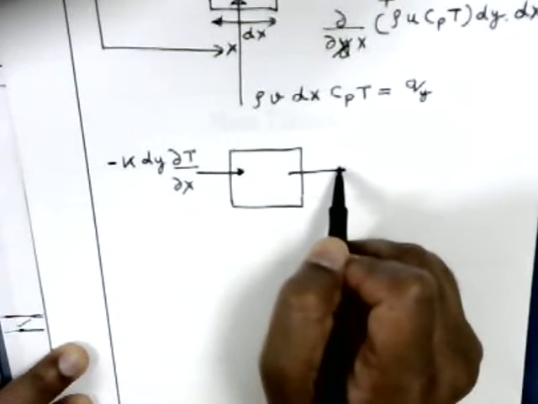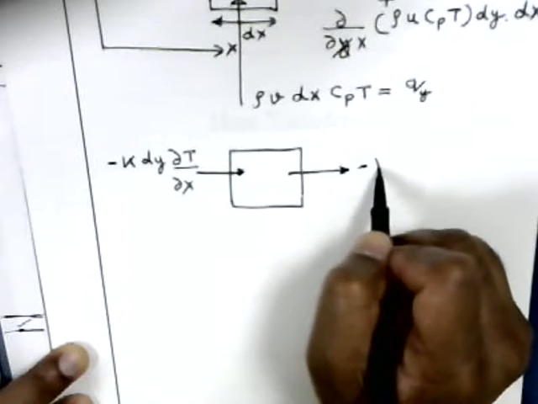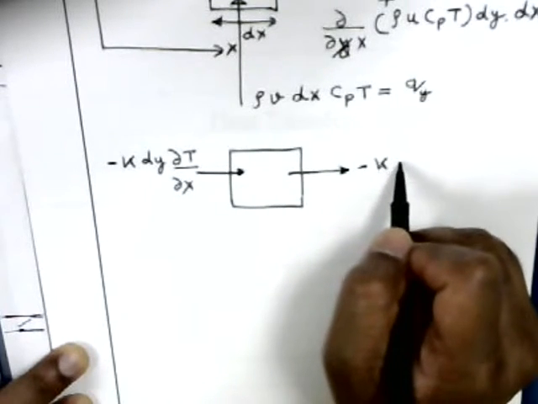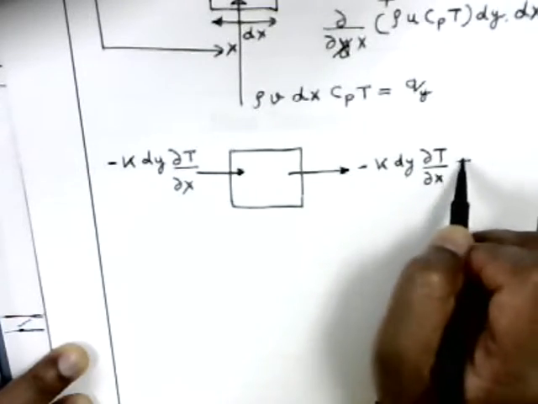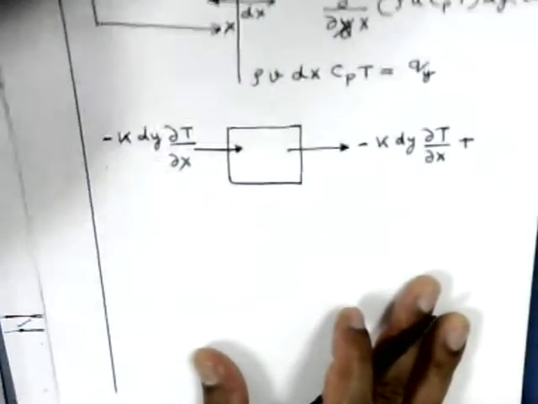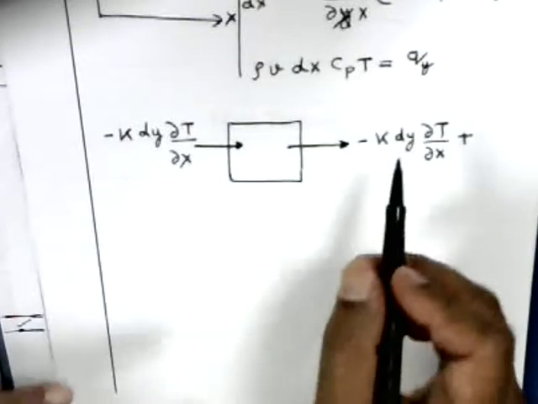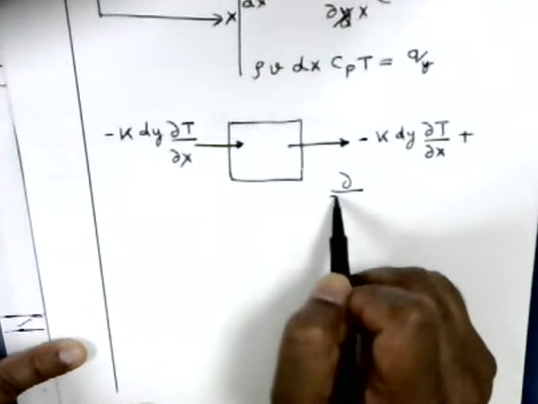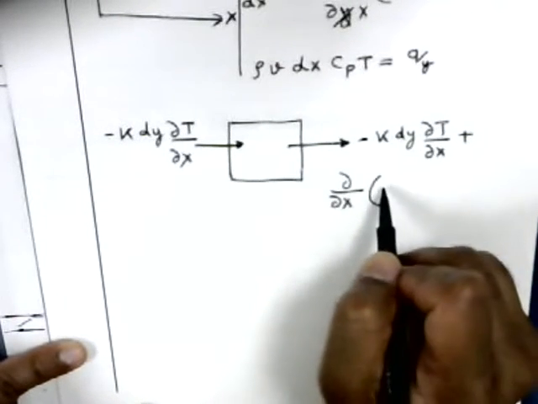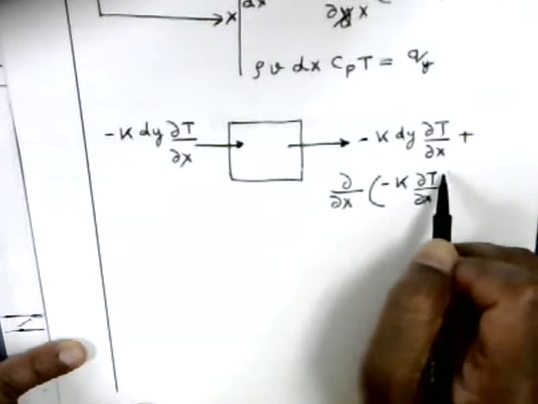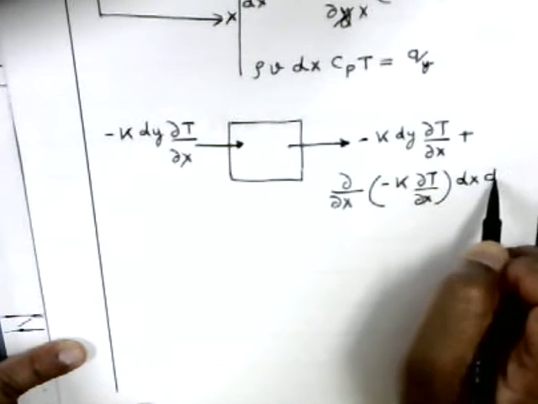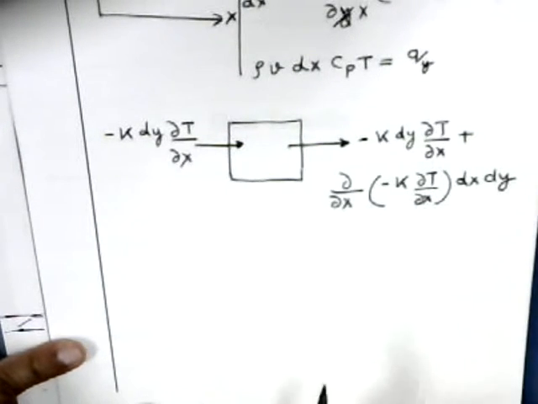What comes out from the right face will be negative K dy del T del x plus del over del x of negative K del T del x times dx dy. This is conduction from the left face and from the right face.